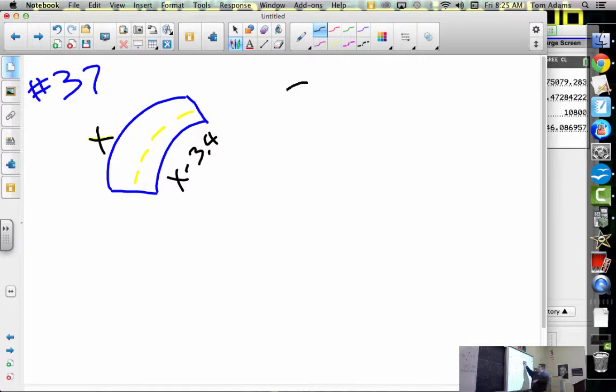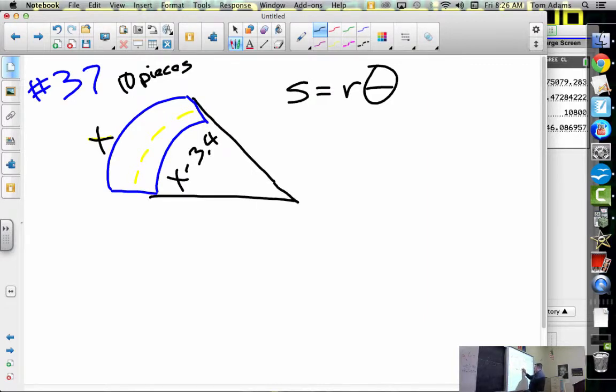And so remember that our arc length is based on the radius times theta. Now, it said to make a complete circle, you needed 10 pieces of track. The reason they gave us that information is that we need to know what theta is. Theta is 1/10 of a circle. Does that make sense? If a full circle is 2 pi radians, then we only need 1/10 of that.